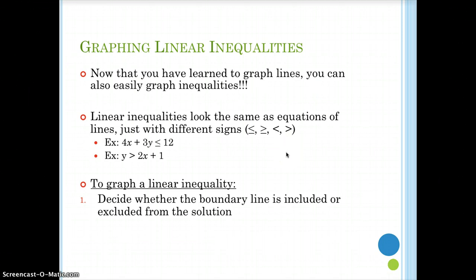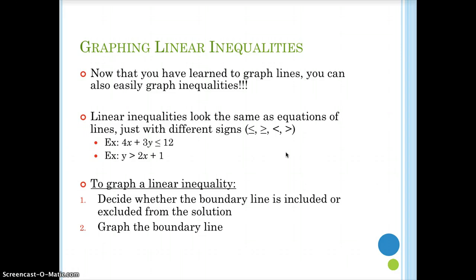The next thing we do once we make that decision is actually graph the line that we're given. We pretend it's just a regular line, just like we've been doing in chapter 2, and graph it as we would just a normal line. Finally, we have to decide whether or not the solution is above or below the line.